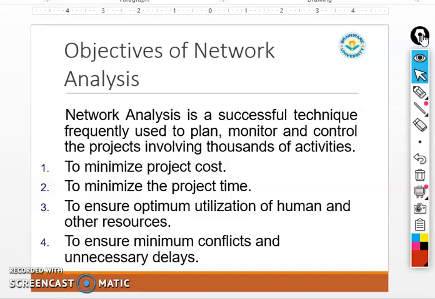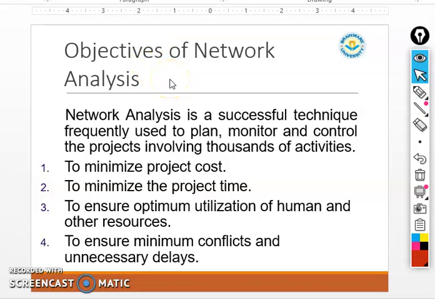In this particular lecture we want to learn some objects of the network analysis, the basic concepts, many more terminologies, and the correct and incorrect diagrammatical representation of a network diagram. So we start our second lecture, object of the network analysis.